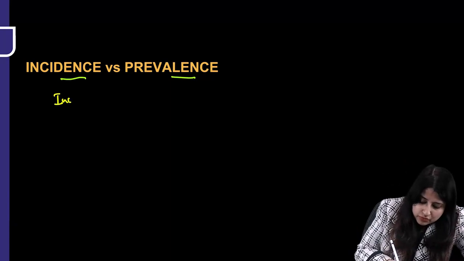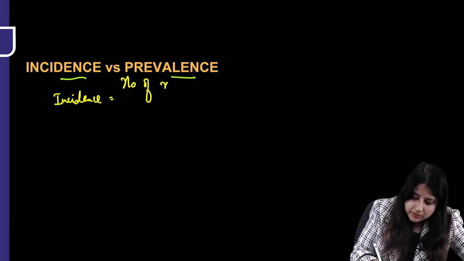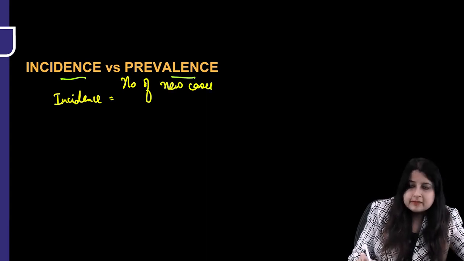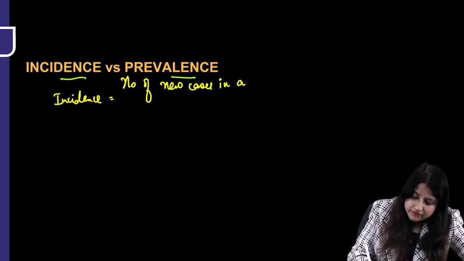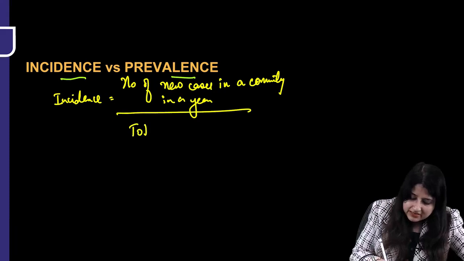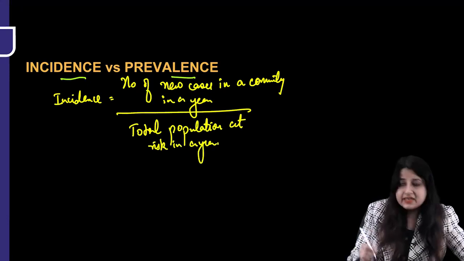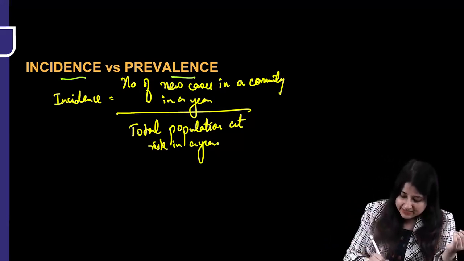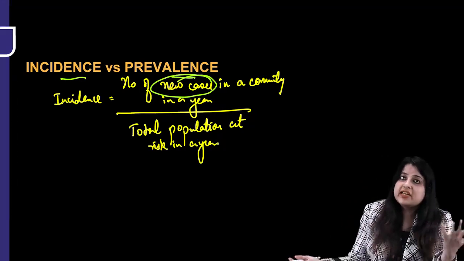When you have to do the definition of incidence, please remember it is the number of new cases of any disease occurring in a community in a year, divided by the total population at risk in that particular community. So, basically, incidence is the number of new cases of a disease in a community in a year.